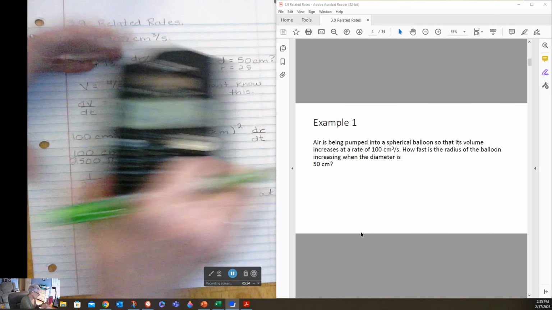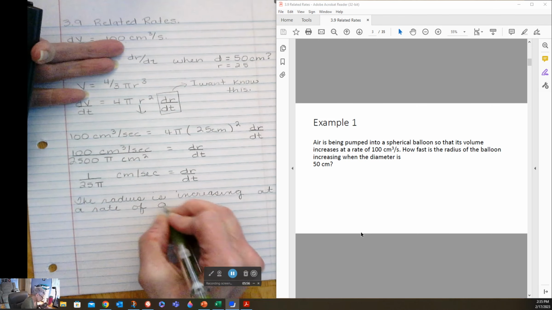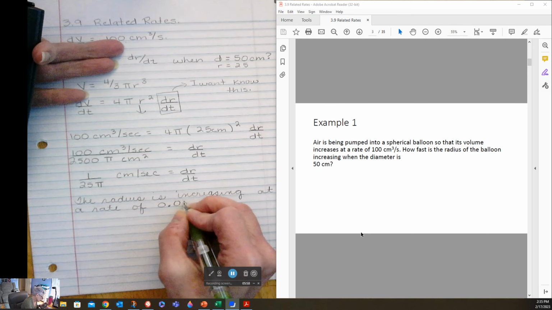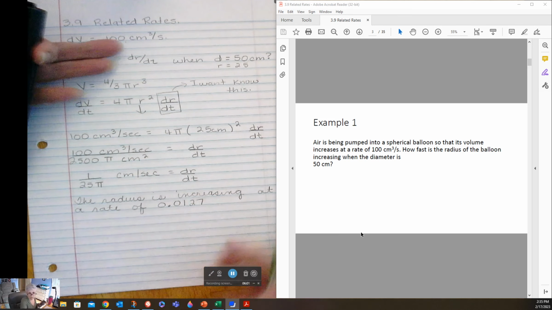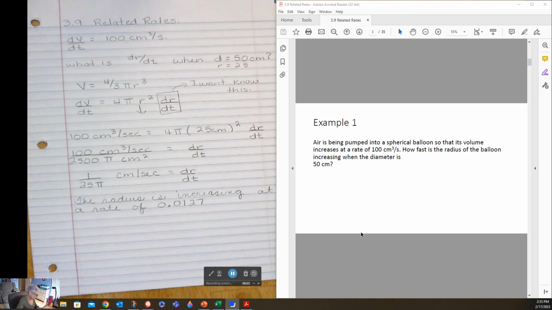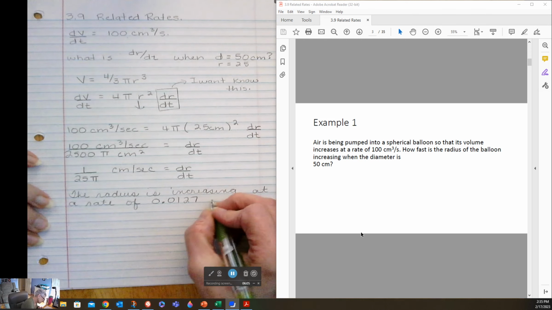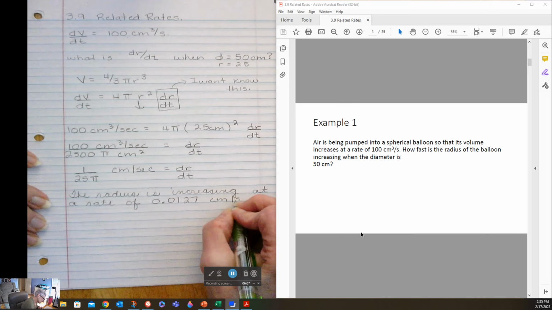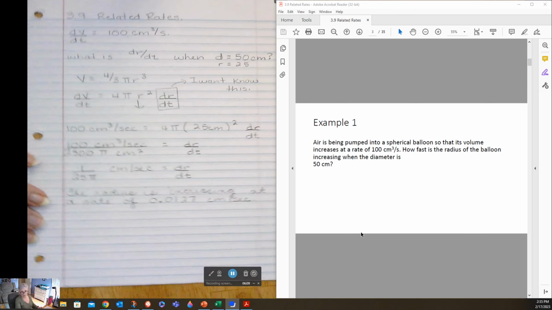And I get 0.0127, I'll give it 4 decimal places just because it's a nice stopping point, centimeters per second.